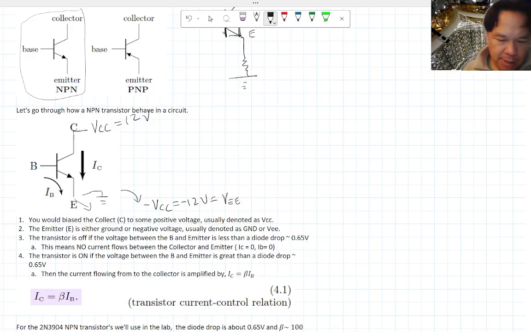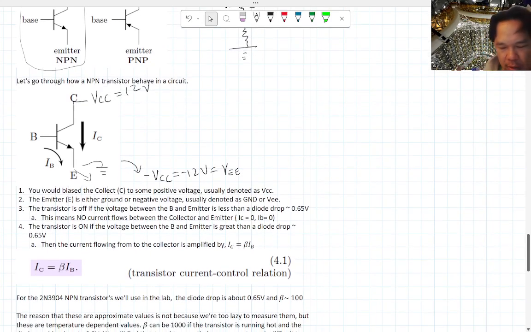The main thing I want you guys to know is that if the voltage between the base and the emitter is less than 0.65 volt, the transistor is off, and you will not get any current through the transistor.